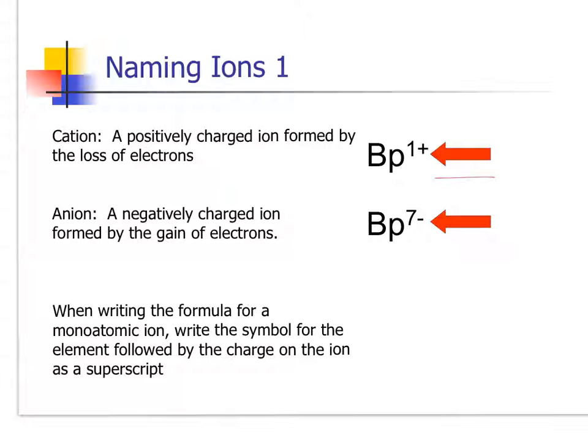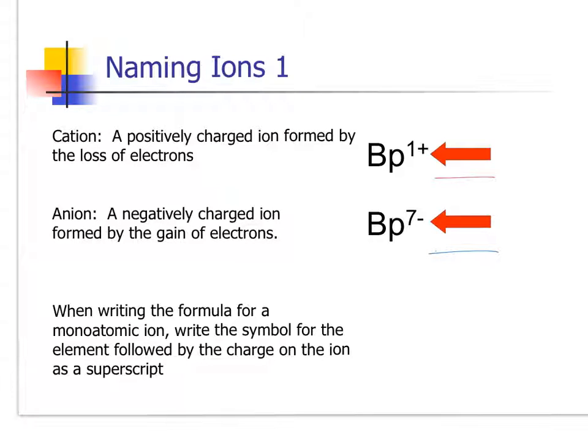An anion is a negatively charged ion formed by the gaining of electrons. Now this does not happen normally under normal circumstances, but finding a -7 means that you have gained 7 electrons. Not going to normally happen, I'm pretty sure about that. And so you're going to see just a negative whatever, however many it takes to gain that many electrons.